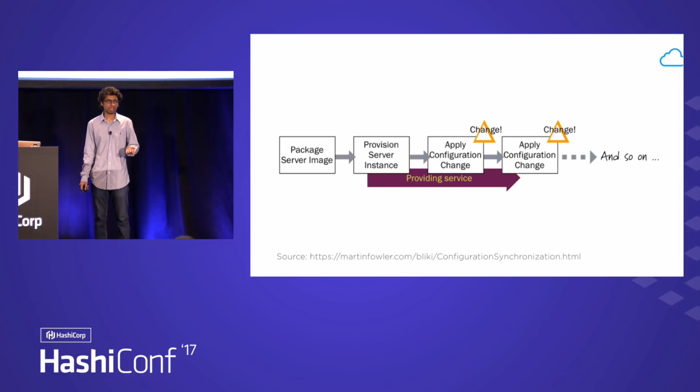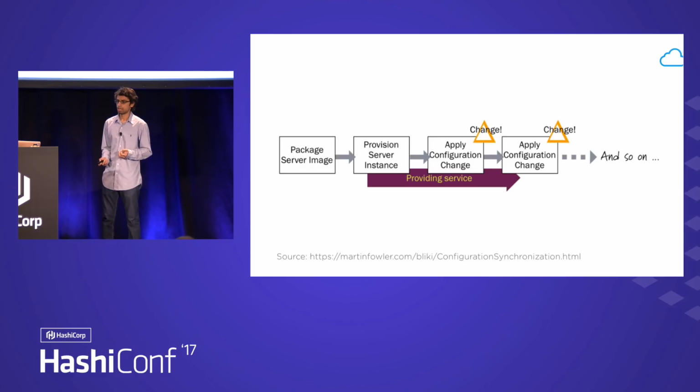So traditionally, when you're running bare metal infrastructure, you use configuration management tools like Puppet or Ansible to configure your machines the way you want them to be.